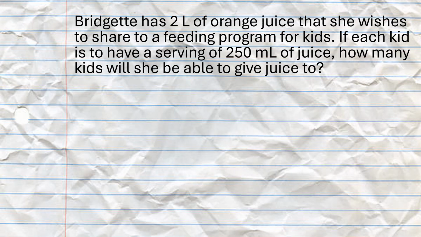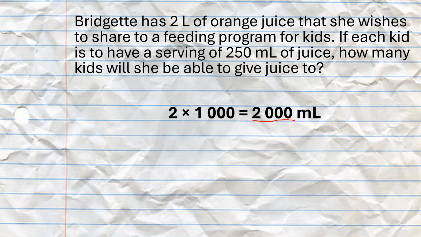Bridget has 2 liters of orange juice that she wishes to share to a feeding program for kids. If each kid is to have a serving of 250 milliliters of juice, how many kids will she be able to give juice to? Since we know that a liter is equivalent to 1000 milliliters, we multiply 2 liters by 1000 to know how many milliliters it is.